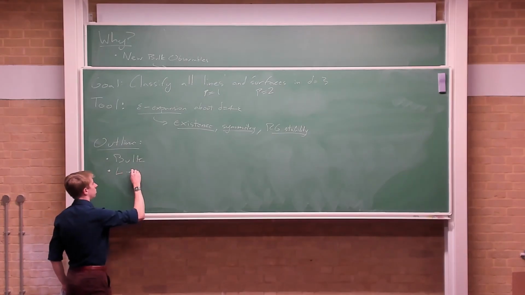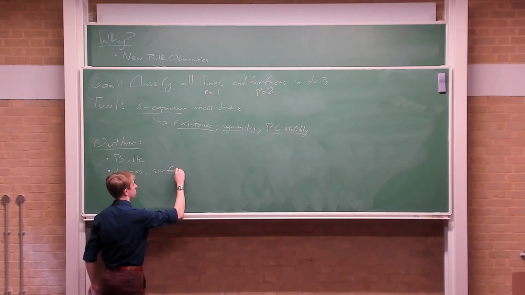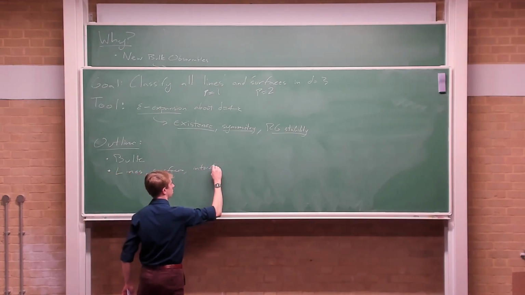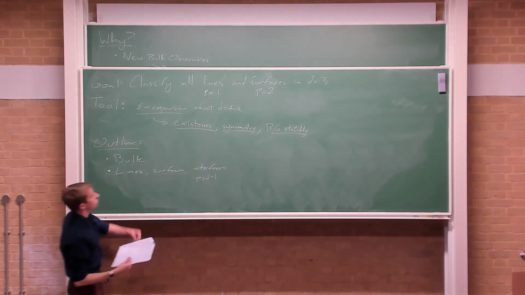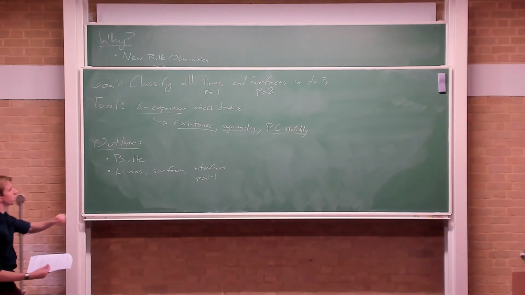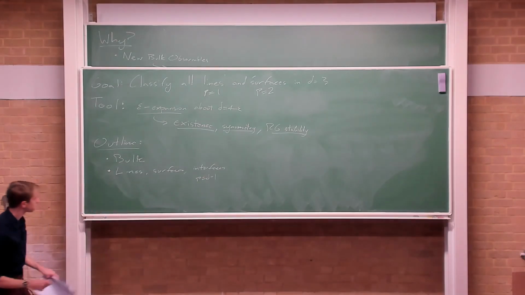So we'll be interested in studying lines, surfaces, and interfaces, where P is equal to D minus 1. And so as you take epsilon to 1, this interface will then become a surface, but the type of interactions we can perturbatively place on the interface are different than from the surface.